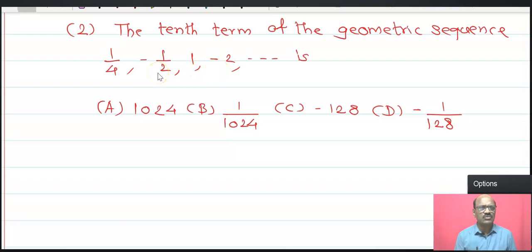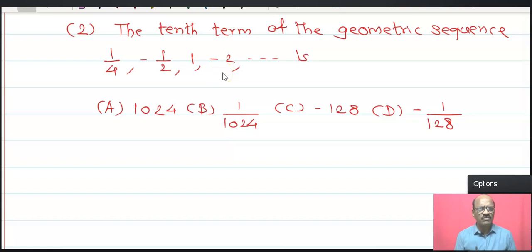When we want to find the common ratio, we take T2, minus 1 upon 2, upon 1 by 4. Then 1 upon minus 1 upon 2 gives minus 2, so you will get the ratio as minus 2.